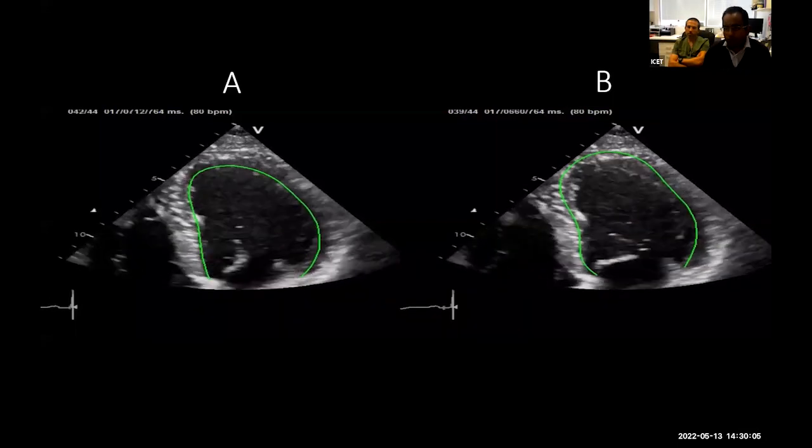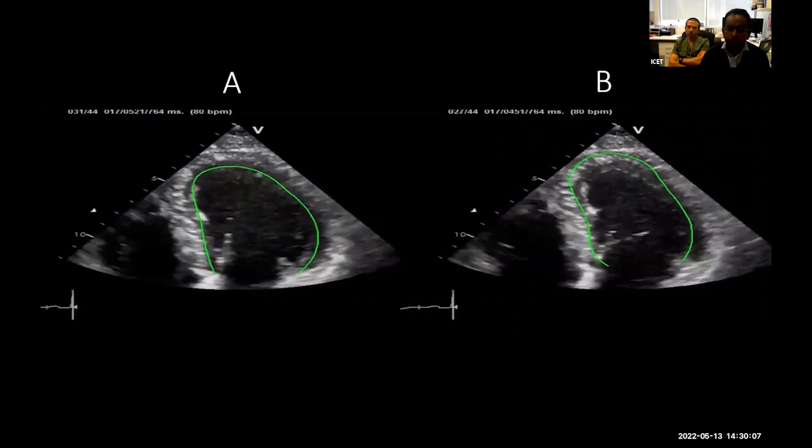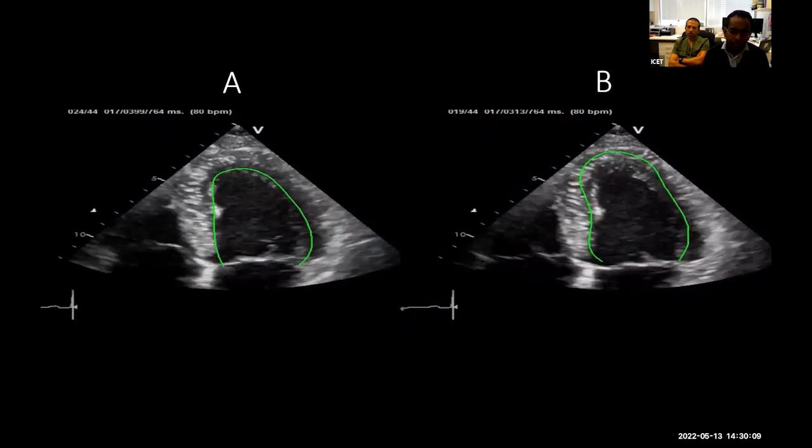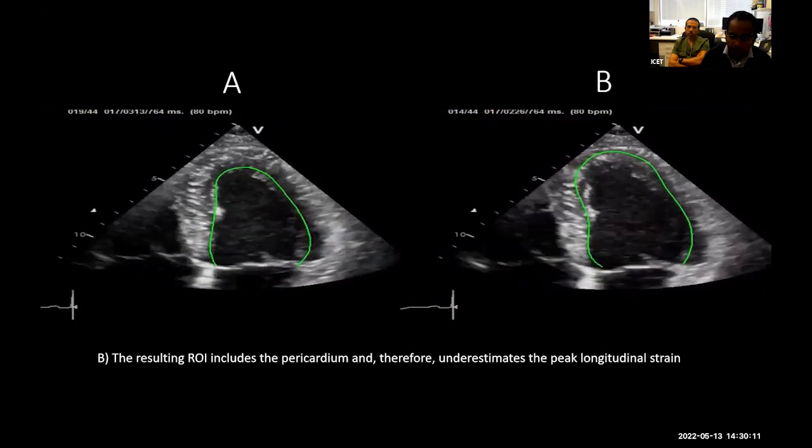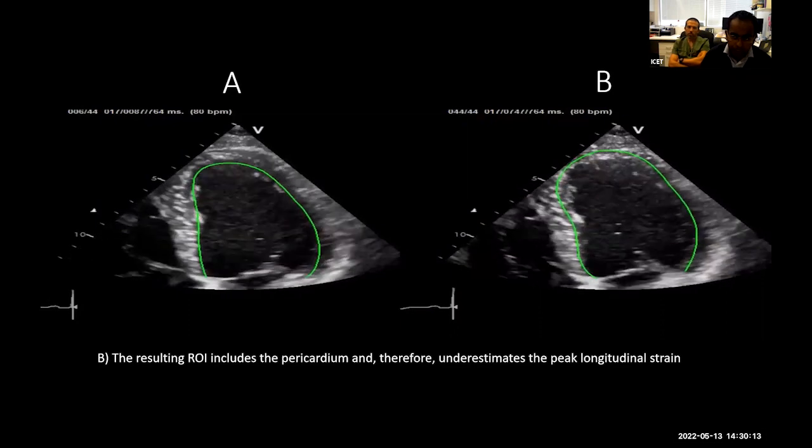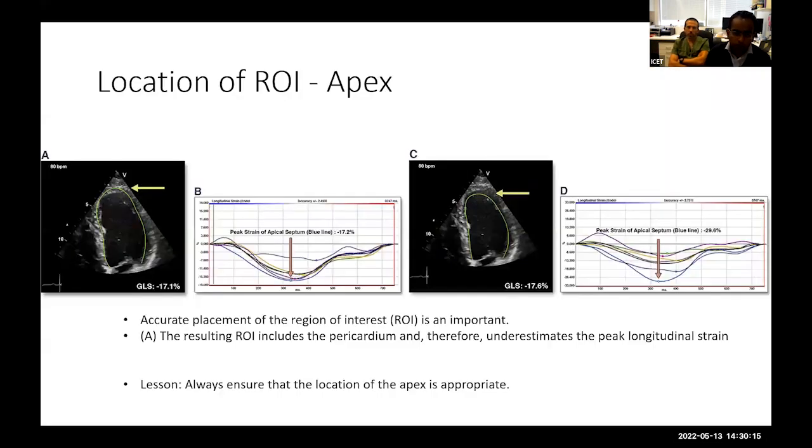Yeah, 100%, and you're quite correct. The region of interest is actually tracking some of the pericardium, and you will get a different strain. So when you do strain measurements, it's quite important to make sure that you don't include any of the pericardium, because if you include it, which was panel B before, you get a lower GLS.